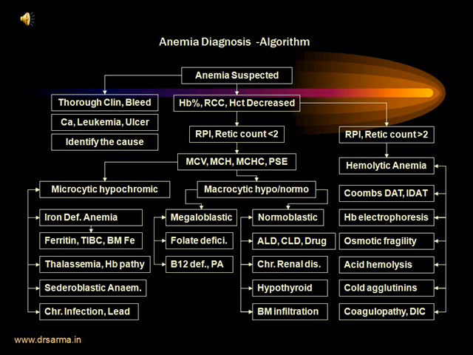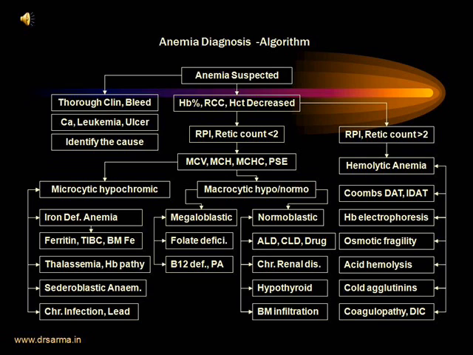Underlying cancers, leukemia, bleeding, duodenal ulcer, GI bleeds, any other cause which could be resulting in anemia has to be identified by history and clinical examination and investigations.